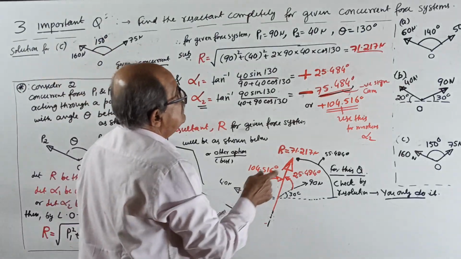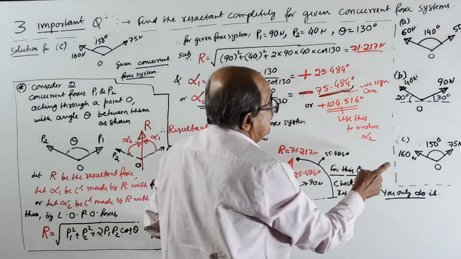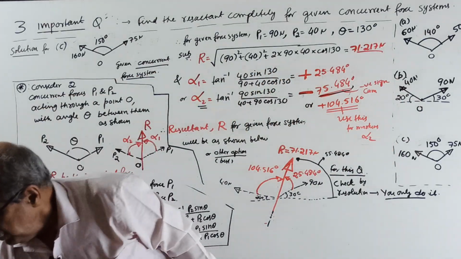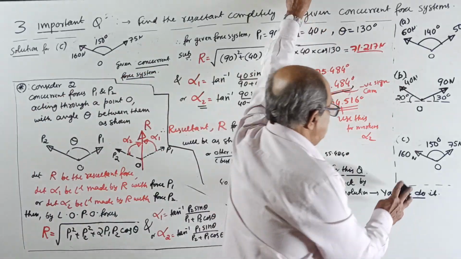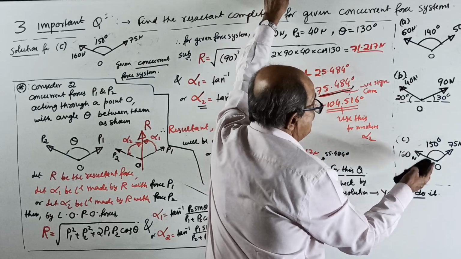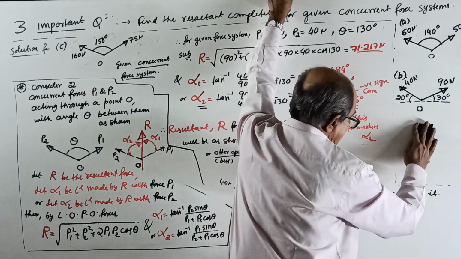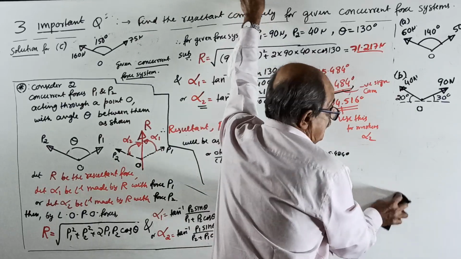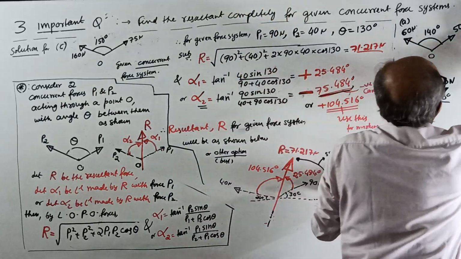Now, this question I can check by resolution. Remember, I told you how to solve by the principle of Carta. 75, 160. It hardly matters, because it's not yet solved. You only do it. Now, one minute. I'll check the camera first.